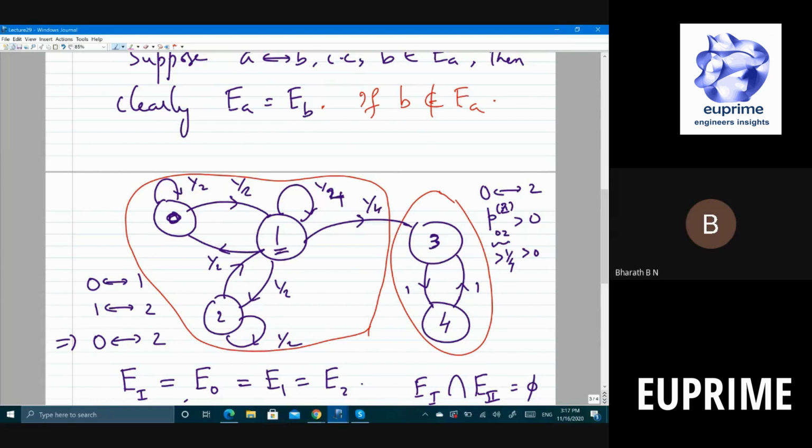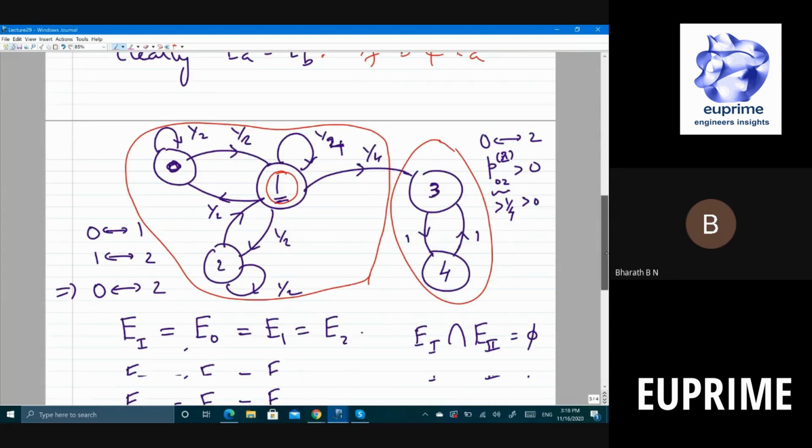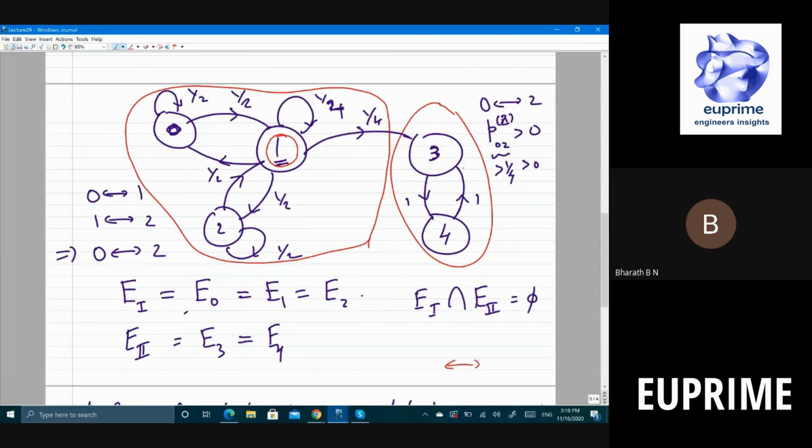So I'll mark in red those that are transient. This one is transient because the moment you hit 1, there is a chance that you will never come back. That's a transient state, whereas 3 and 4 are recurrent, because the moment you hit 3, you will come back again and again, infinitely often.